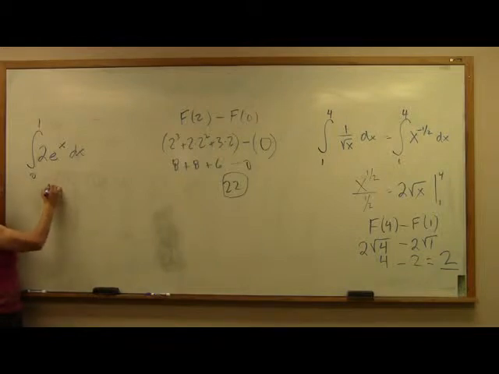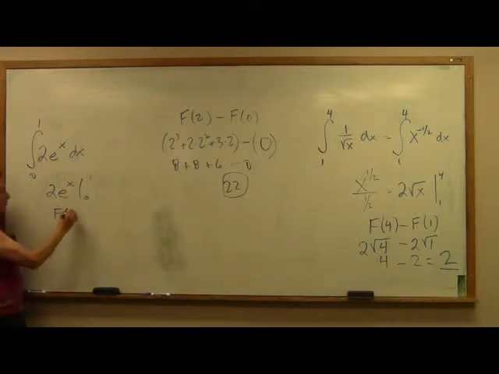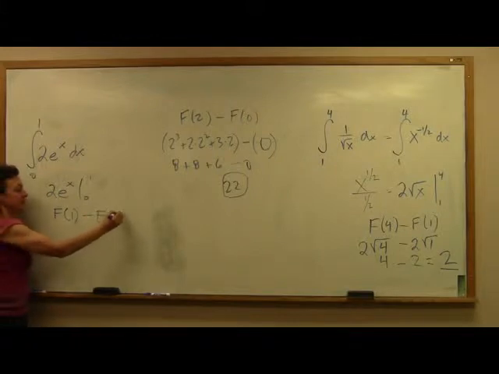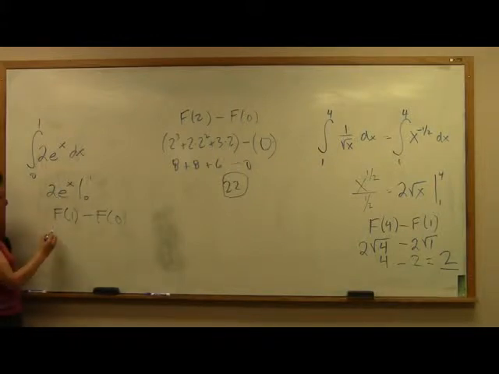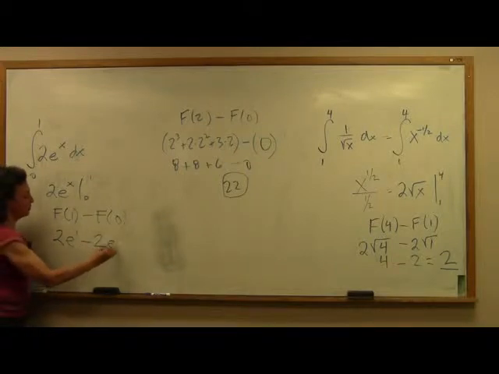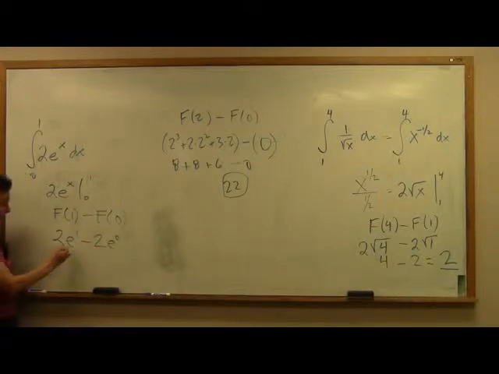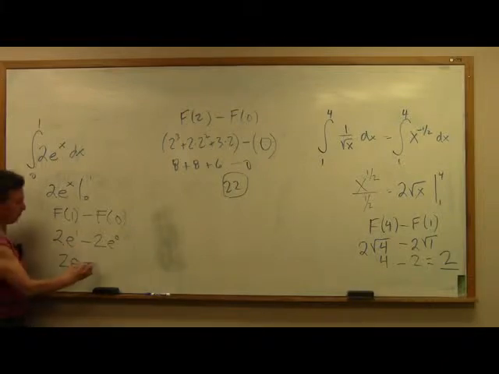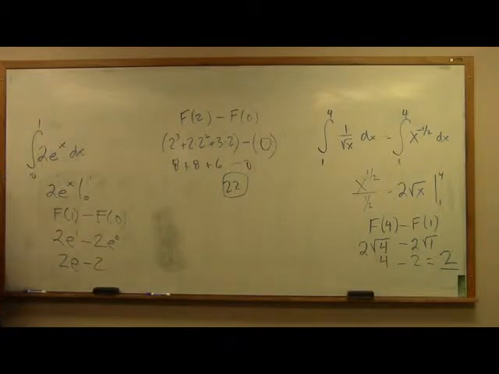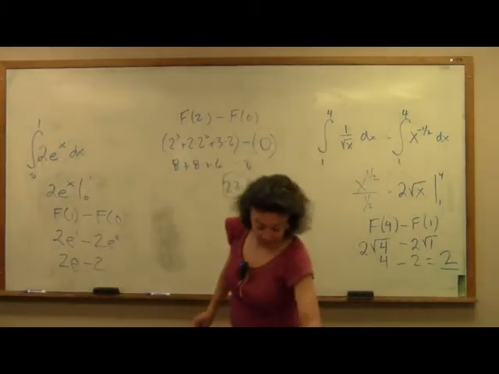This is always fun. The antiderivative of 2e to the x is 2e to the x. And we want to evaluate that from 0 to 1. So first we'll plug in 1. So don't we have 2e to the first minus 2e to the 0? And what do we get? We get 2e minus 2, since e to the 0 is 1.